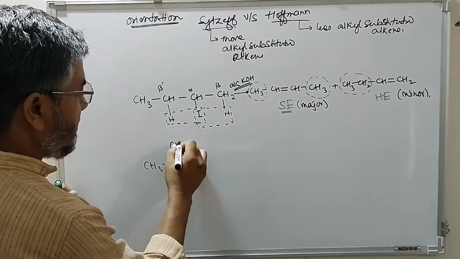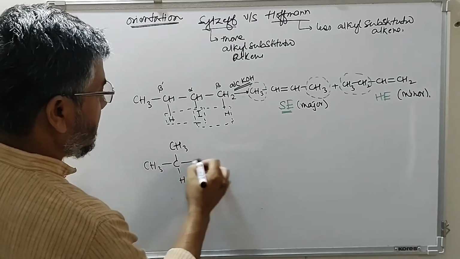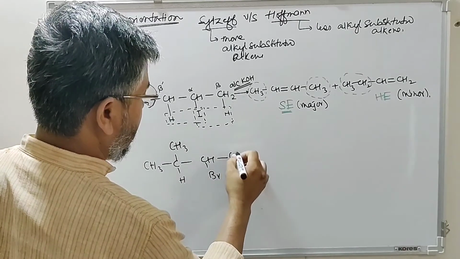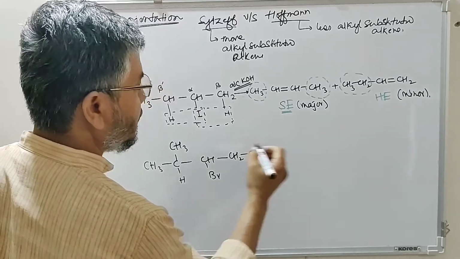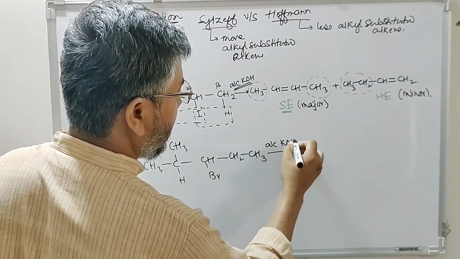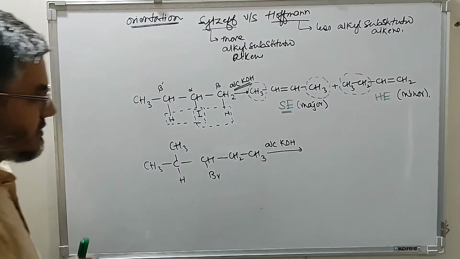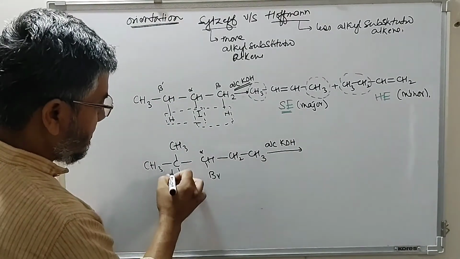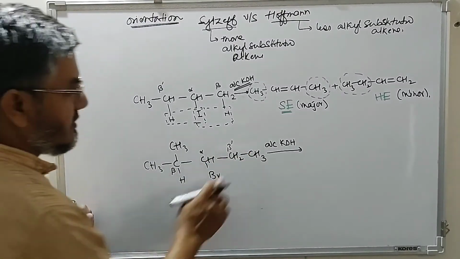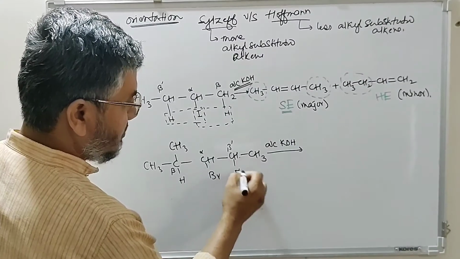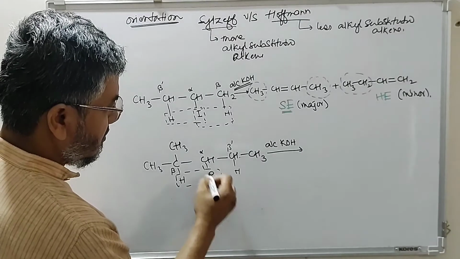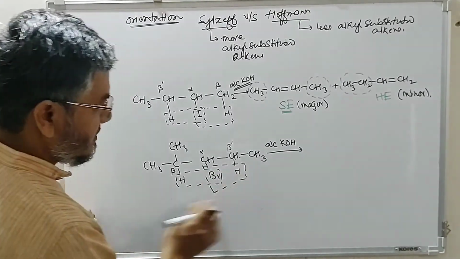CH3, CCH3, say we have hydrogen, CHBr, CH2CH3. Let's use alcoholic KOH. Look at this. This is the alpha carbon, we have beta carbon, and we have beta prime. So there are two beta hydrogens that can be removed, either from this side or from this side.